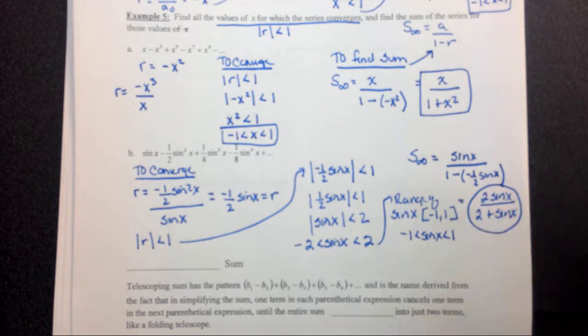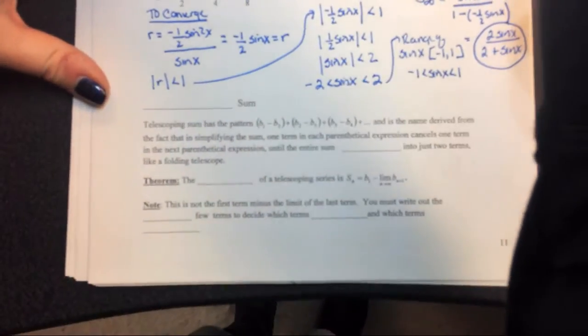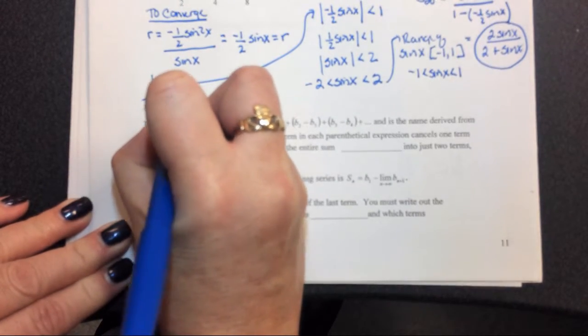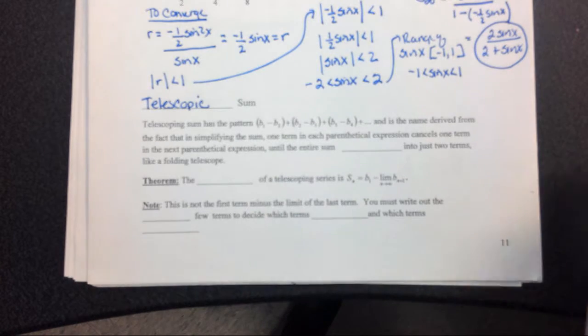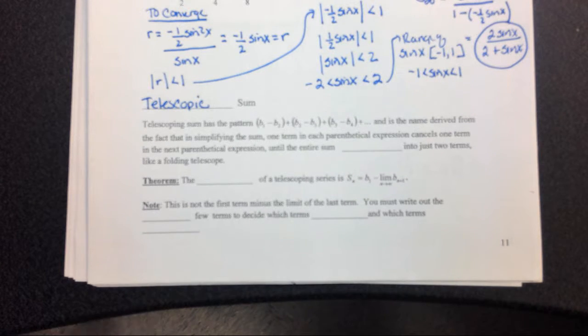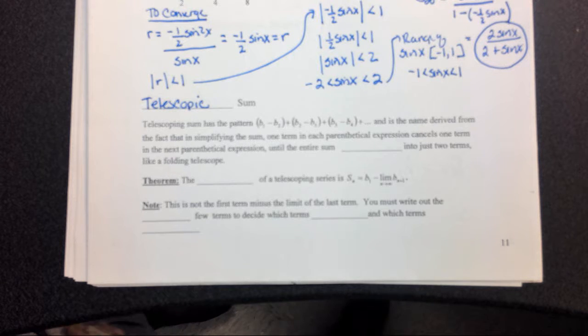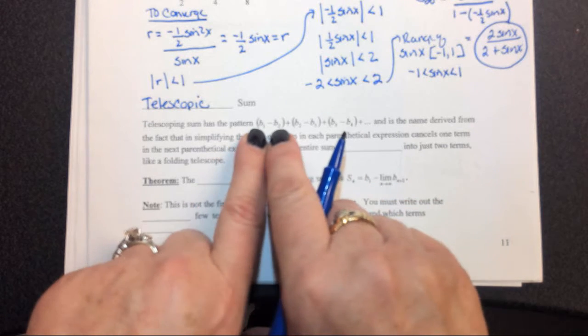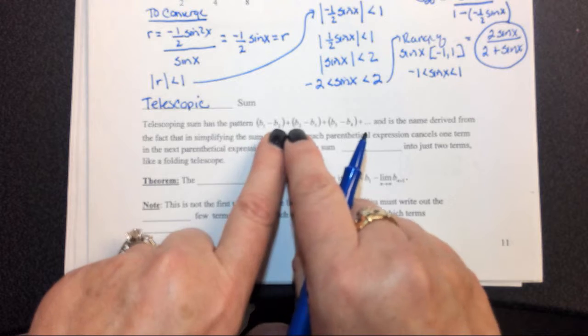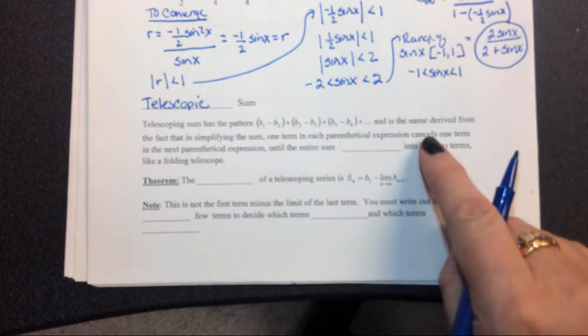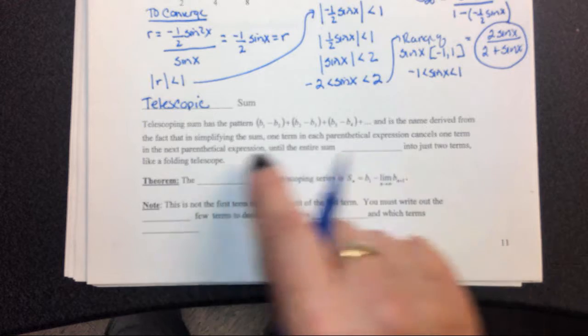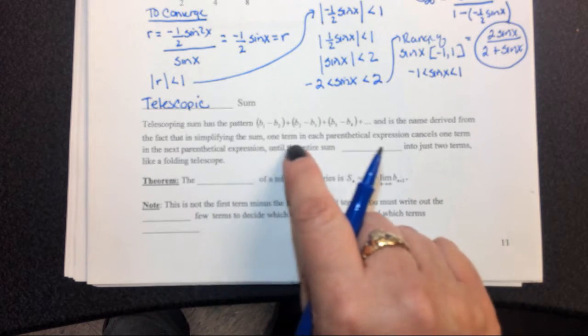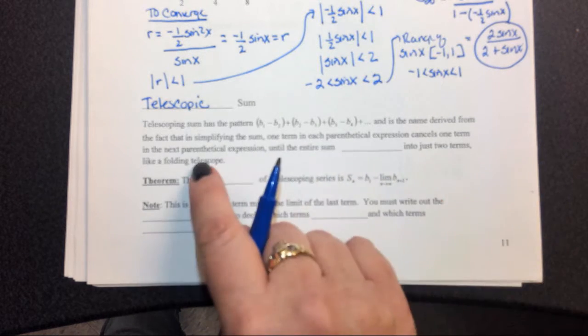All right. The next type of sum that is very popular is what's called the telescoping sum. Now we're going to start studying all kinds of different series. We're most familiar with geometric because that's what you've studied in the past. A telescoping sum has a pattern where 2 terms are subtracted, then you're adding and subtracting. The reason we call it telescoping is that in simplifying the sum, 1 term in the parentheses cancels 1 term in the next parentheses.